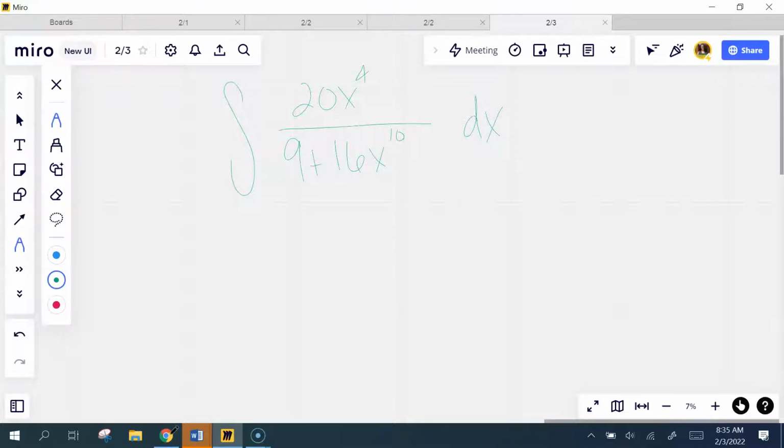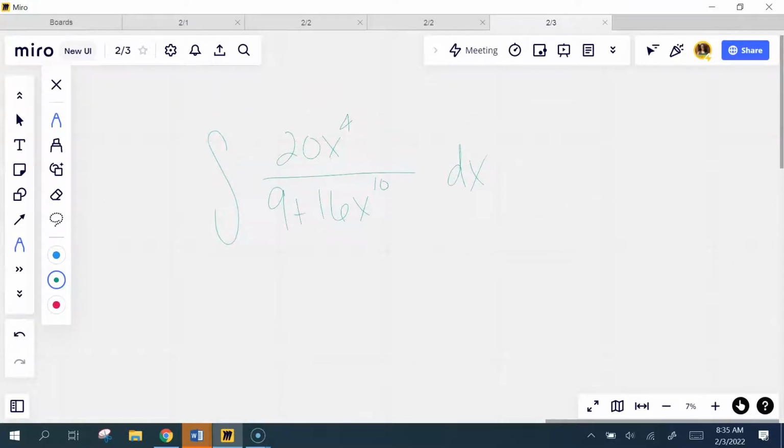As soon as I saw this one, I'm thinking this is an inverse trig function because of the bottom, right? What'd you do? You have to what?